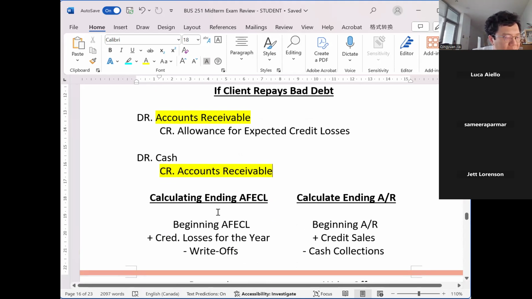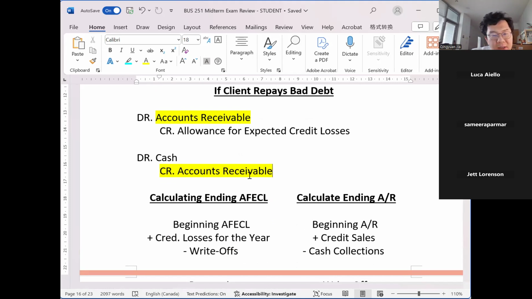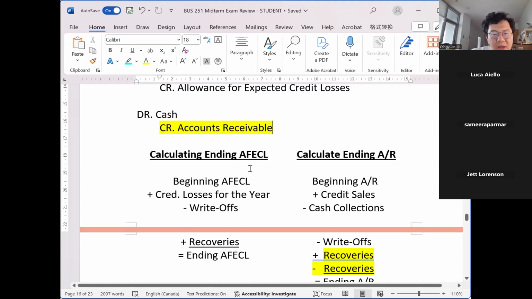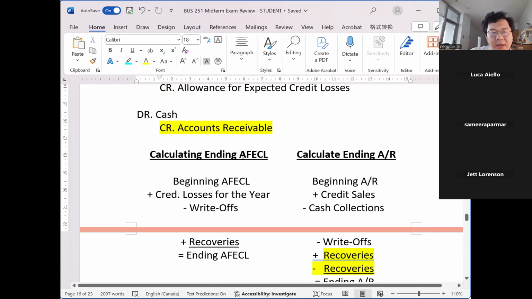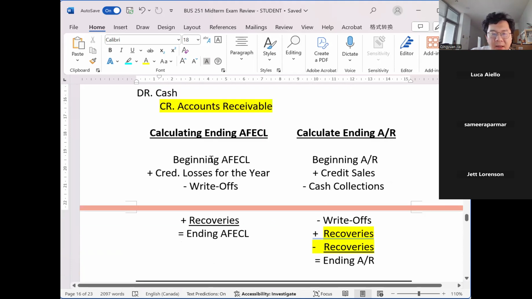Two of the accounts are generally assessed or calculated in this type of question. One is the ending balance for AFECL. Another one is calculating the ending account receivable. If we calculate the ending AFECL directly, this is the method that we use.